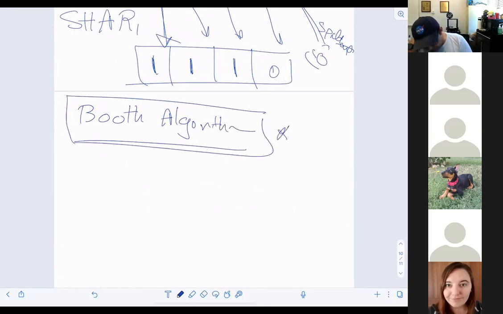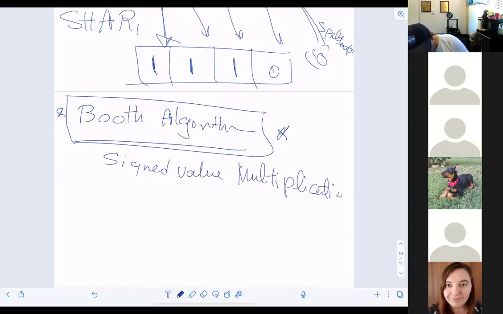I will keep it for now, and if we have time, I can tell you more about it. It's called the Booth algorithm, for multiplication of signed values.